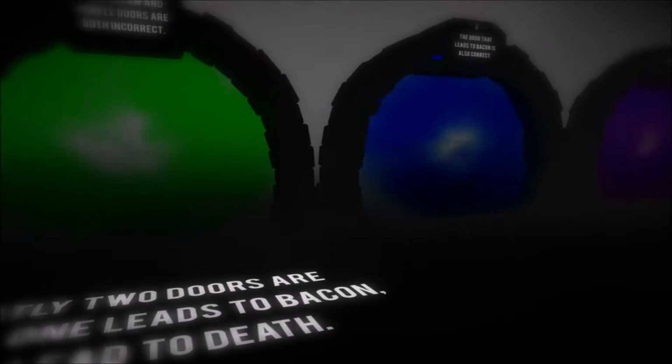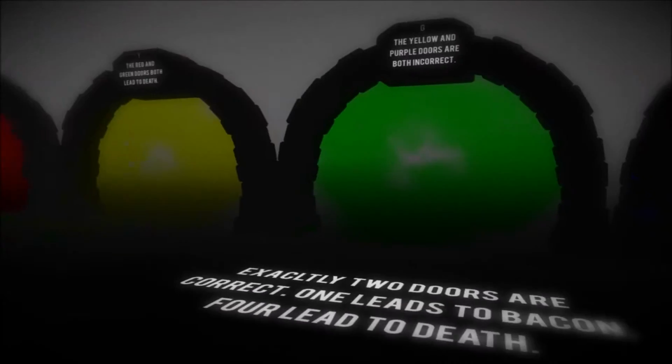Anyways, the red door leads to bacon. The door that leads to bacon is also correct. Let's say that blue is correct. That would leave 1 more door correct. The yellow and purple doors are both incorrect.